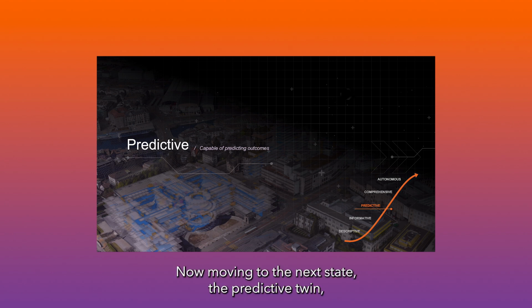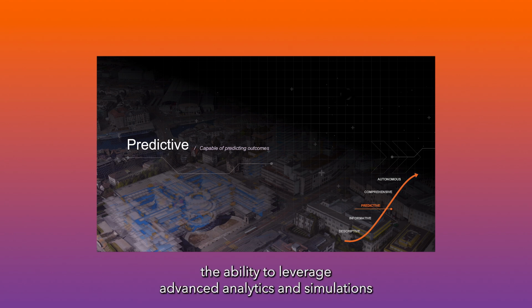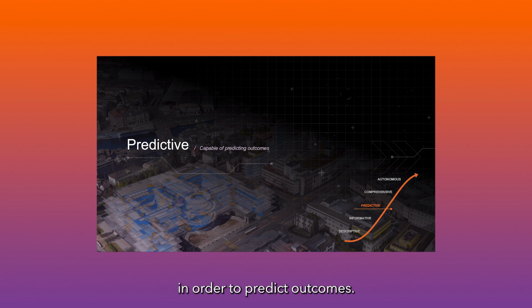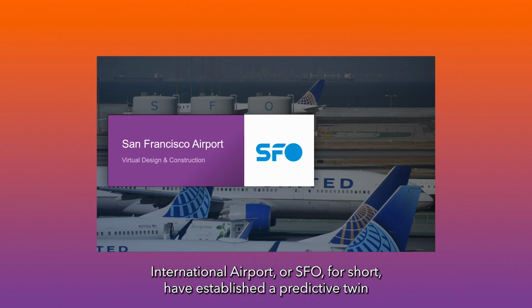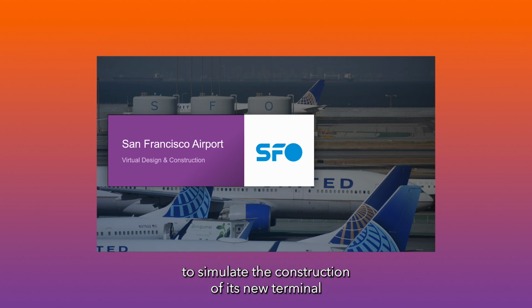Now moving to the next state, the predictive twin, the ability to leverage advanced analytics and simulations in order to predict outcomes. San Francisco International Airport, or SFO for short, have established a predictive twin to simulate the construction of its new terminal extension.